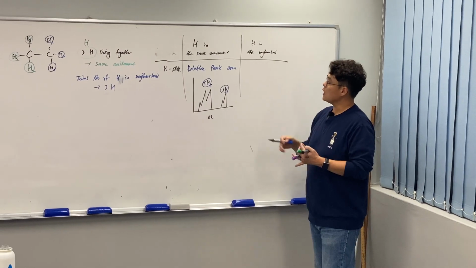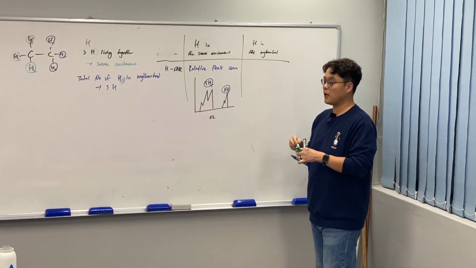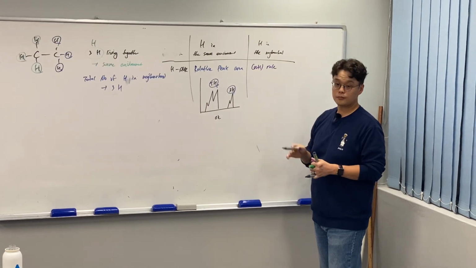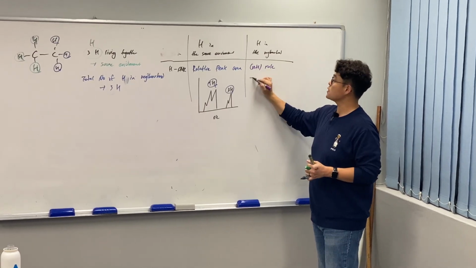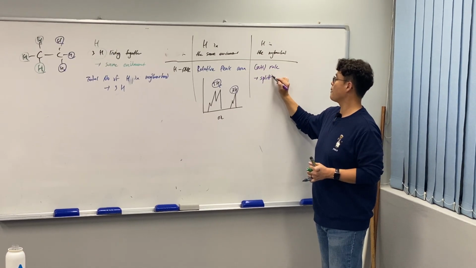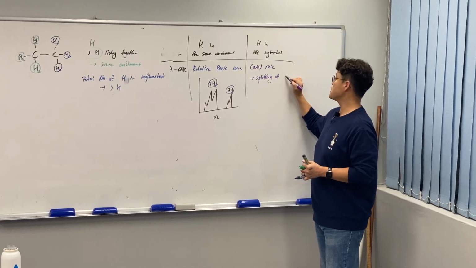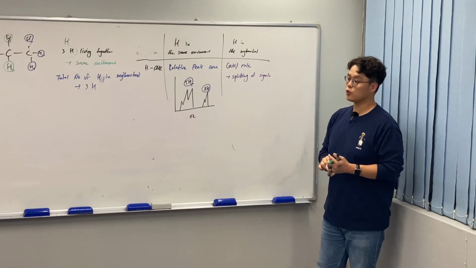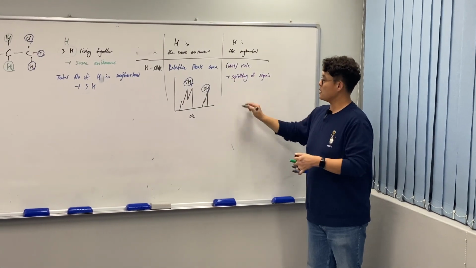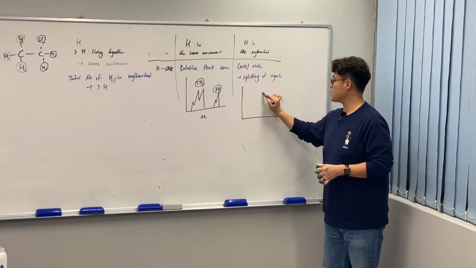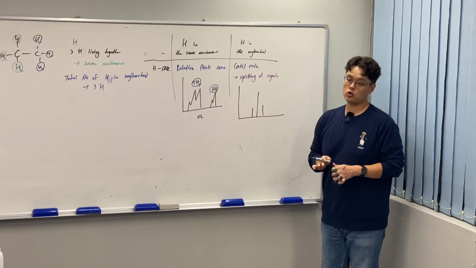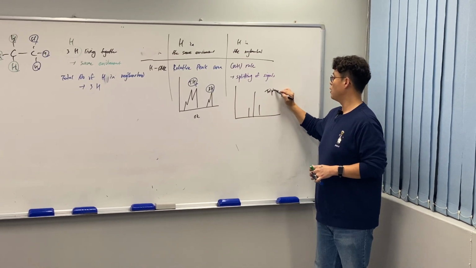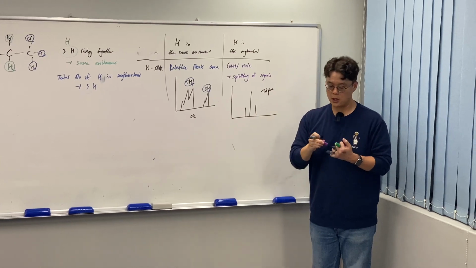Secondly, hydrogens in the neighborhood are counted by something known as the N+1 rule, also known as the splitting of the signals. It's called the neighborhood rule. What we'll be able to see is this: sometimes we can have a split like this, called a triplet, in the signals given in HNMR.